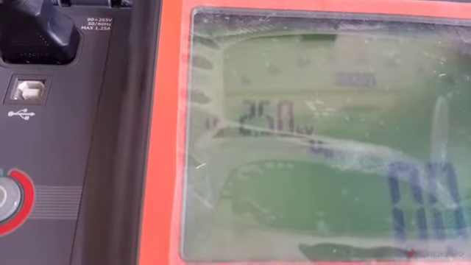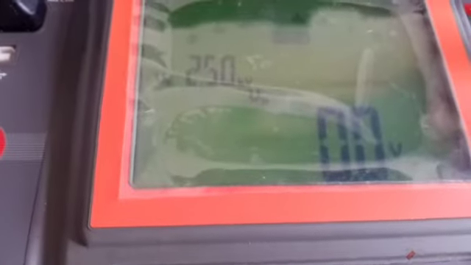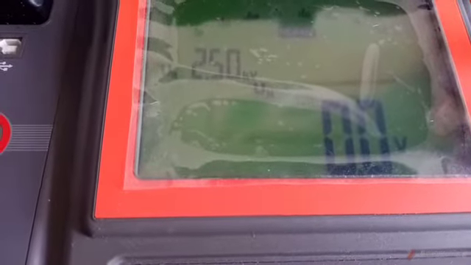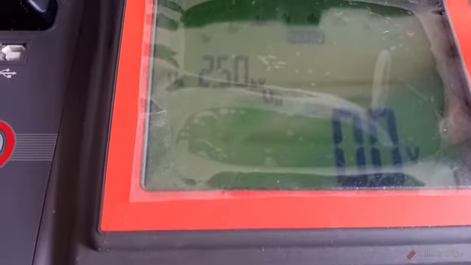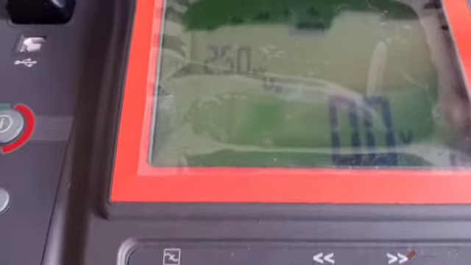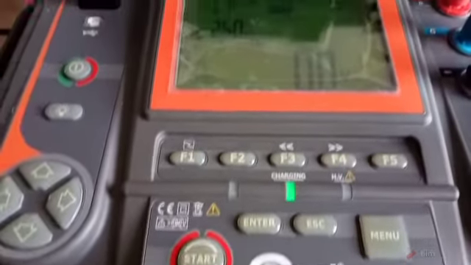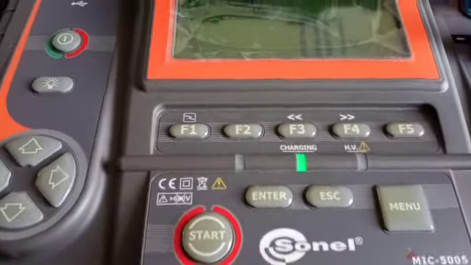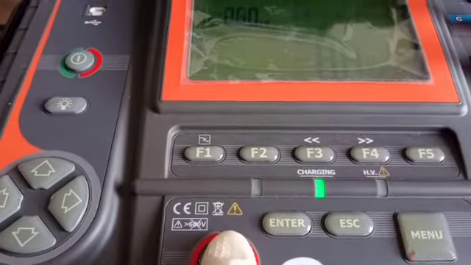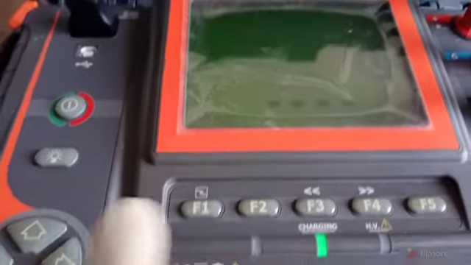I have to start the test. Automatically this 00V gets replaced by the value of insulation resistance. So check the value of resistance, and to start the kit I have to press start plus enter.